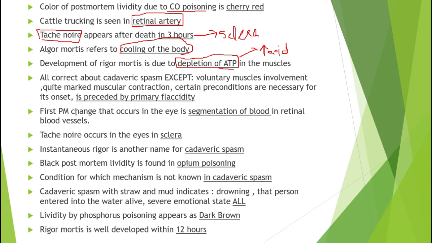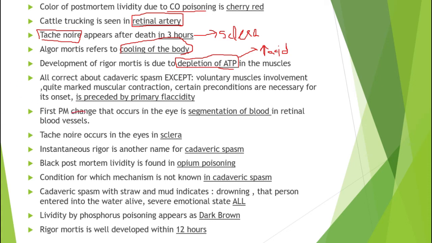Certain preconditions are necessary for its onset. The underlined portion of each bullet point is the correct option. So we already know that cadaveric spasm is preceded by primary flaccidity and is followed by secondary flaccidity.